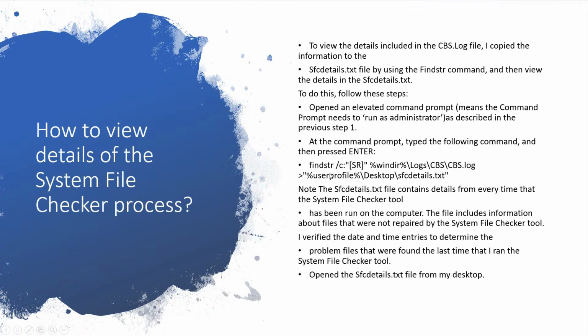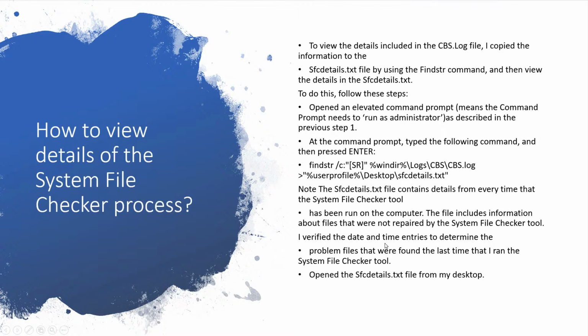This %userprofile% is your user profile, once you are logged in with your Windows authentication, and you can just dump it on the desktop, which is what I did with the name sfcdetails.txt. Of course you can change this location to wherever you like. Now the sfcdetails.txt file contains details from every time that the System File Checker tool has been run on the computer. The file includes information about files that were not repaired by the System File Checker tool.